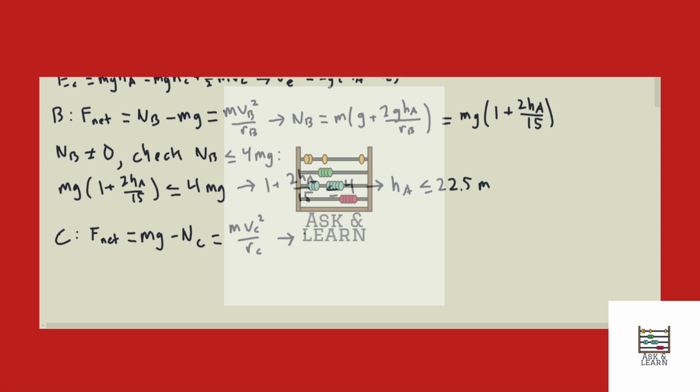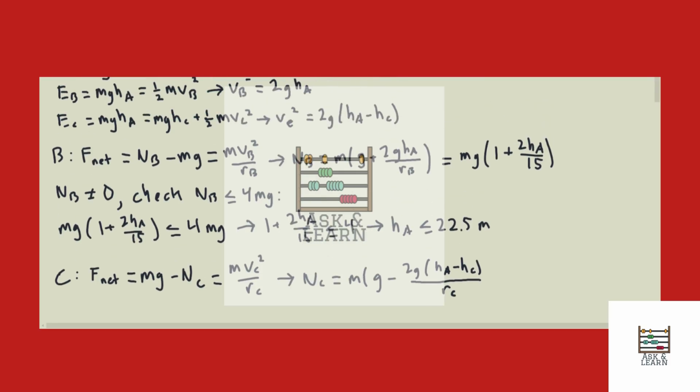And so we'll solve that for the normal force at C, and we'll get that equal to m times g minus 2g(h_A minus h_C) over r_C. This is using that value for v_C squared we found looking at the total energy.